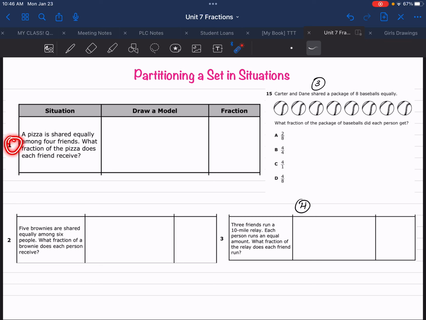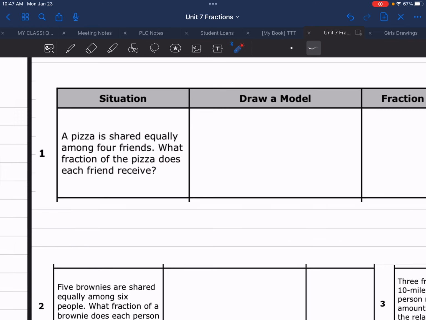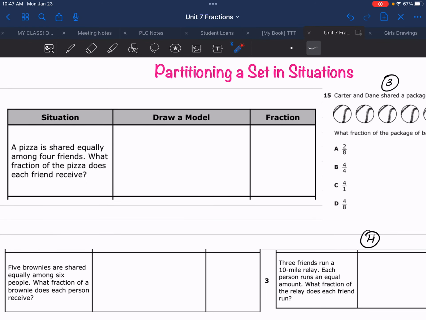Let's read the first situation. It says, a pizza is shared equally among 4 friends. What fraction of the pizza does each friend receive? Well, we know we have a pizza, so we're going to draw a model of it.